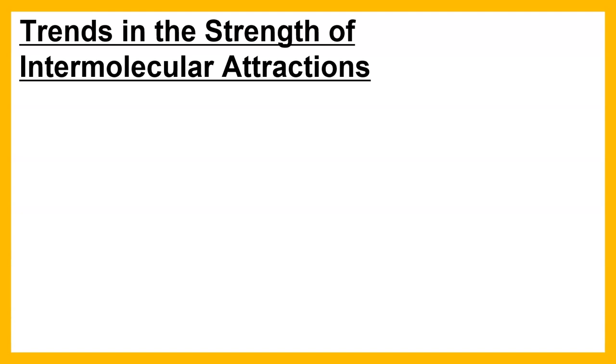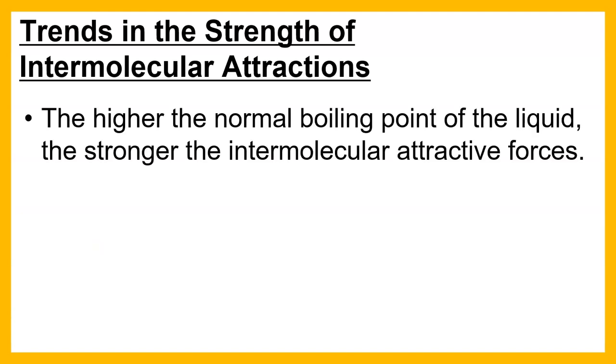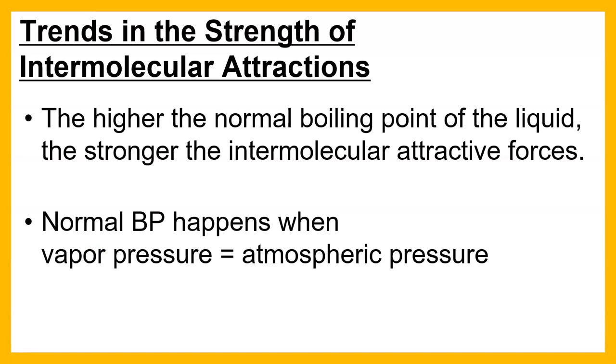You can look at boiling points to understand and figure out which thing has stronger IMFs. Normal boiling point is what it's called when the vapor pressure, the pressure of the particles at the surface, is equal to the atmospheric pressure.